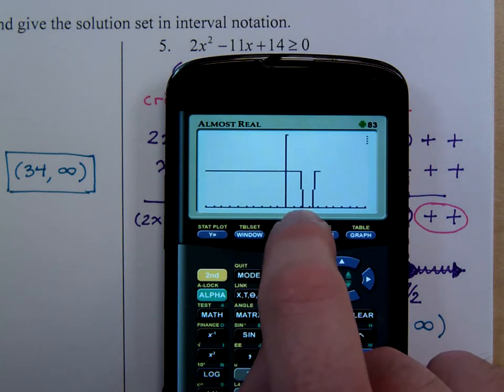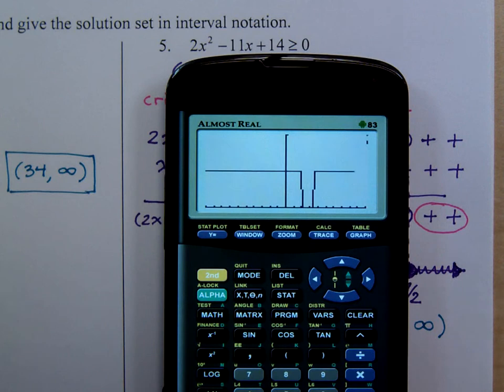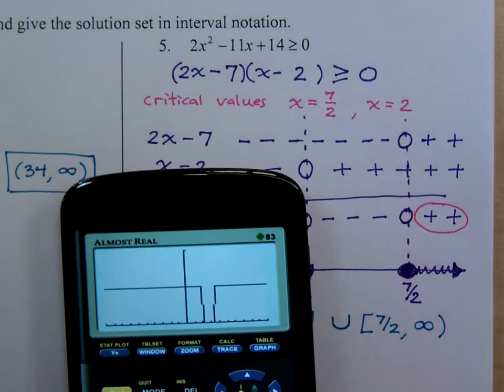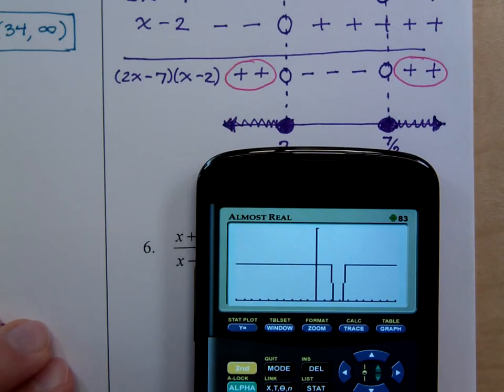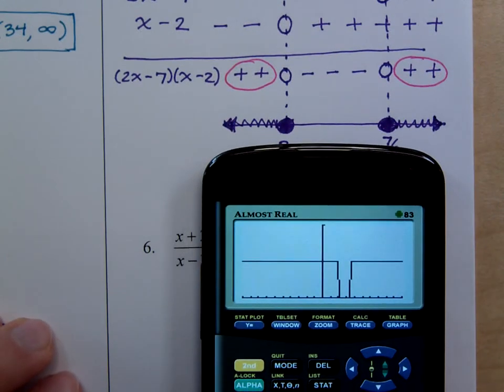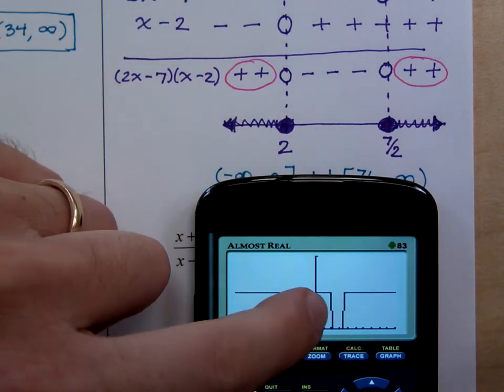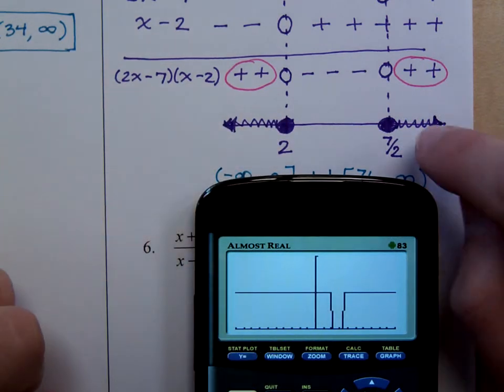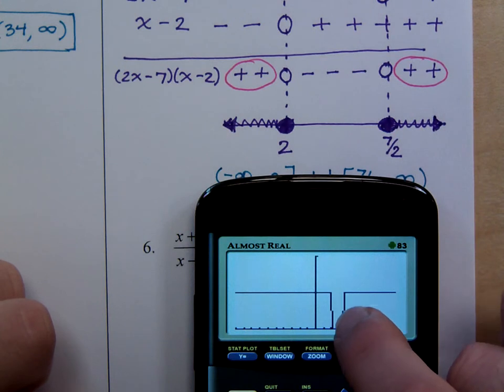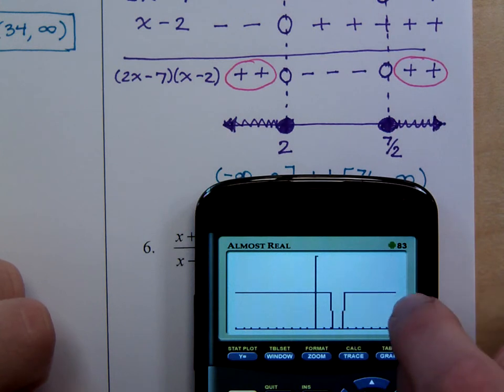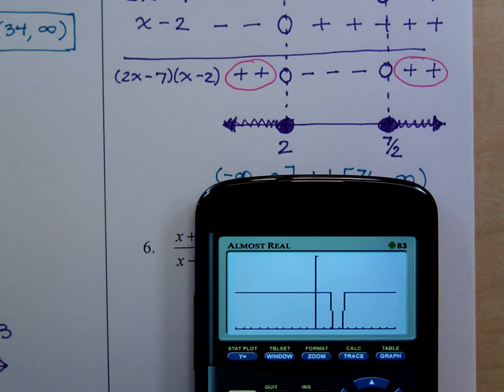It dipped down to 0. So this does match up with this number line that I have graphed here, because it's going from 2 to the left. Mine's going from 2 to the left. This is going from 7 halves to the right, and this is also going from 7 halves or 3½ to the right. So that's your solution set. You can actually see it, graph it.